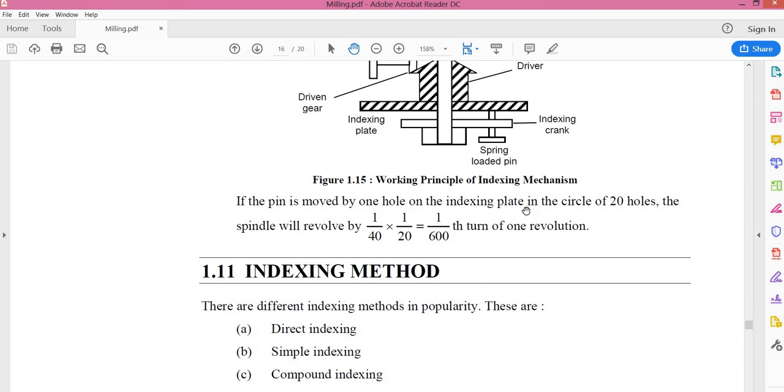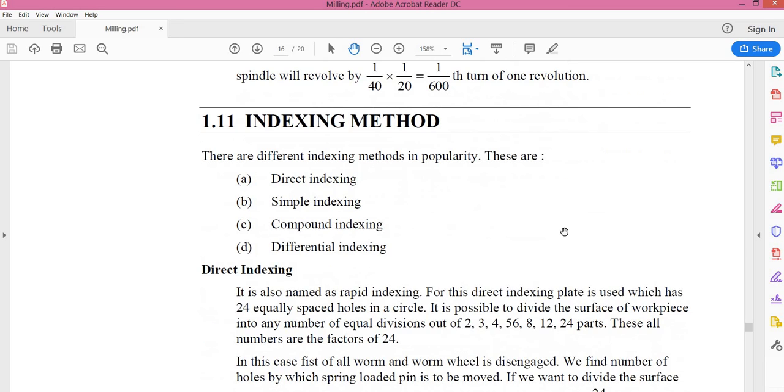Suppose you want to go for 20 holes, then if you rotate the indexing crank once, it will rotate the spindle 1/40 times, multiplied by 1/20 of the holes. So 1/20 turn of one revolution will be rotated by the spindle if you want to achieve that.